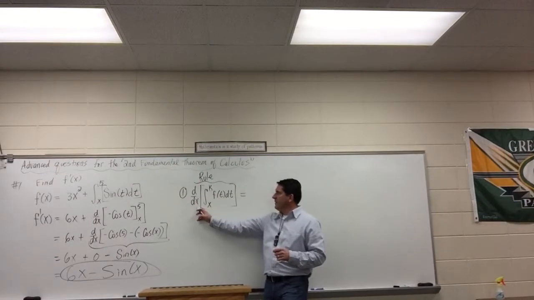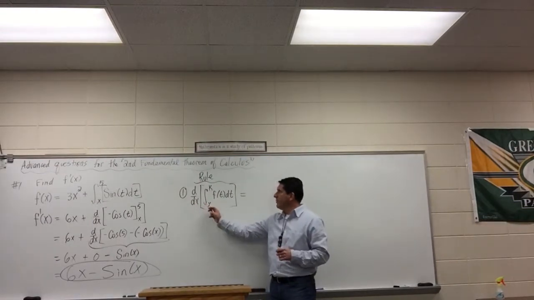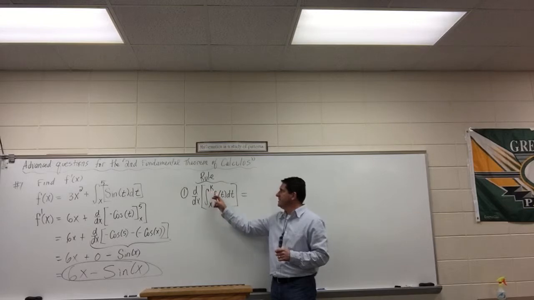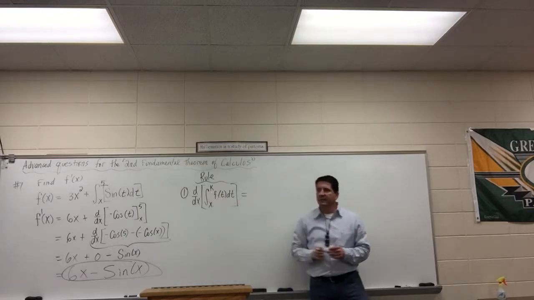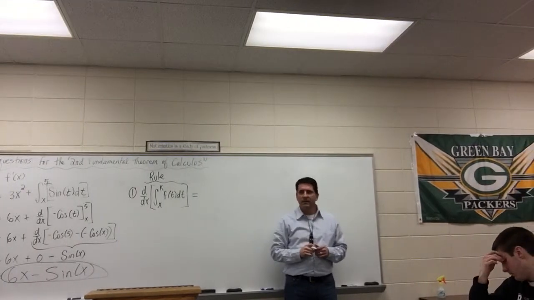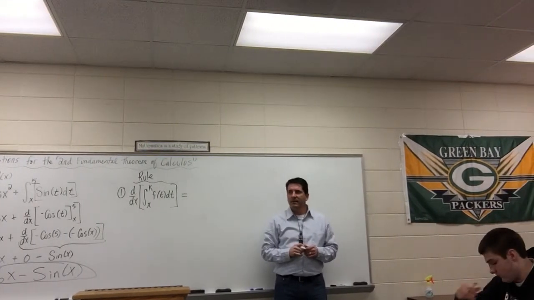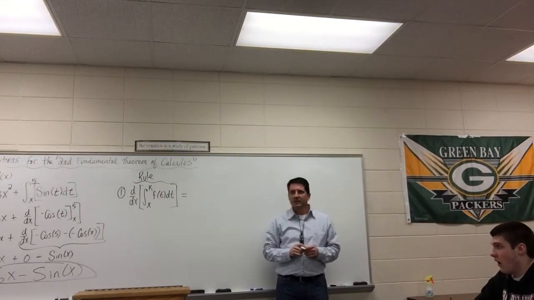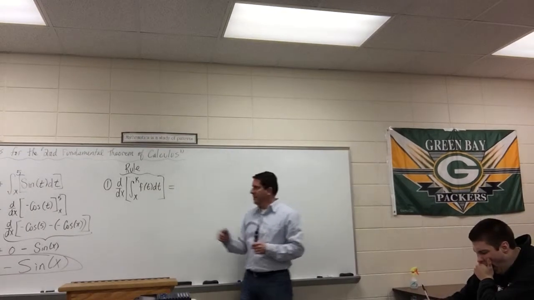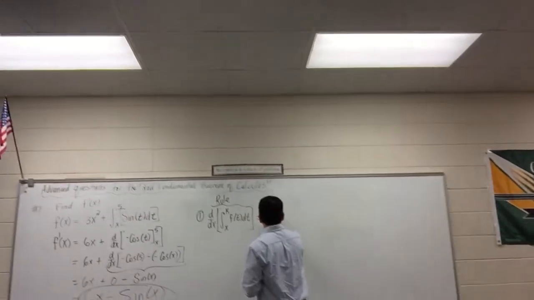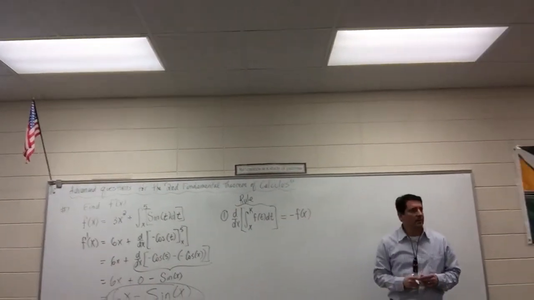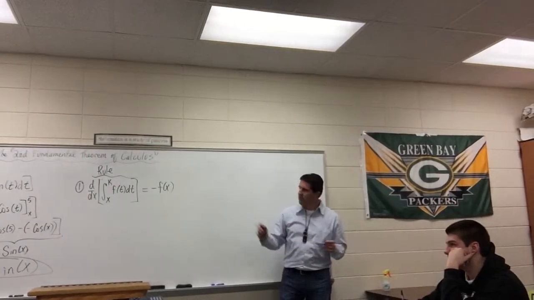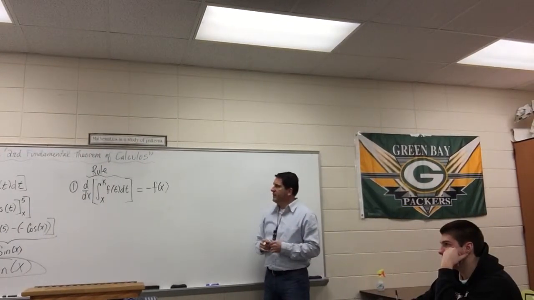There we were finding the derivative of the integral going from k to x of f of t dt. What is the answer to that? Say it out loud. Negative f of x is correct, because it's the opposite. And we can prove it just by walking through a generic case of that.